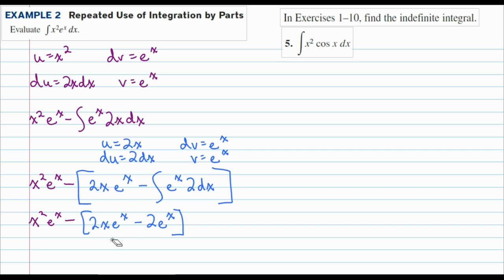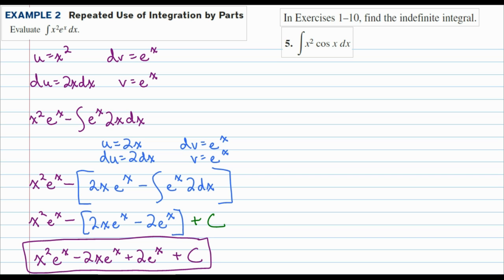So now this inside would be 2x e to the x minus 2e to the x, and of course, don't forget your plus c. Now distribute that negative sign, and I have x squared e to the x from the very first integration by parts, minus 2x e to the x, and then plus 2e to the x plus c.